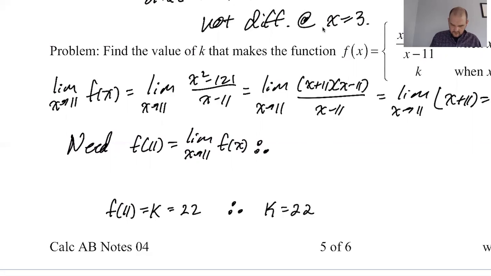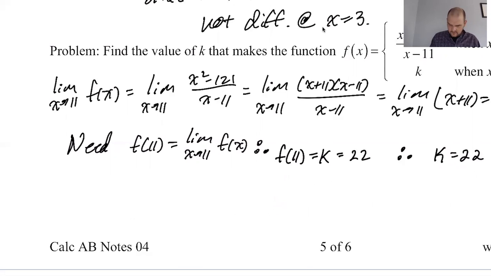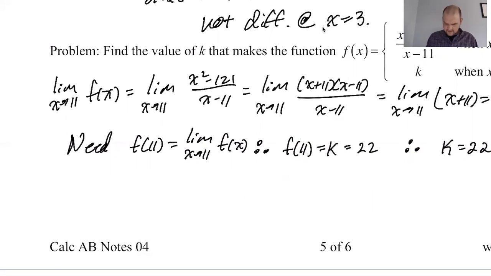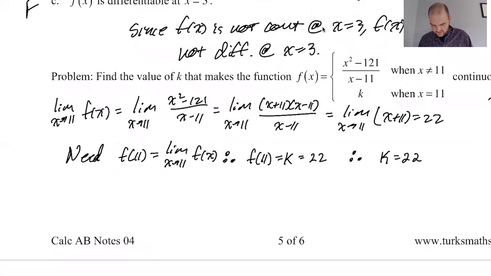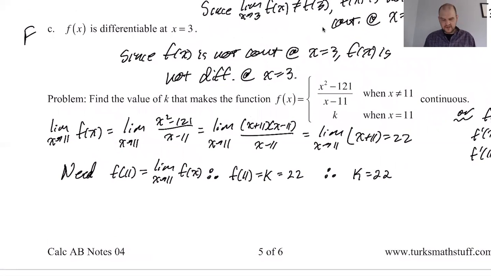Therefore, and then I'm going to move it back. Therefore, f of 11, which is equal to k, will equal 22. It's still not great, but I think it's better. And I'm always looking to make my answers better, so that they're more readable and look more presentable. And you take pride in your work, people.